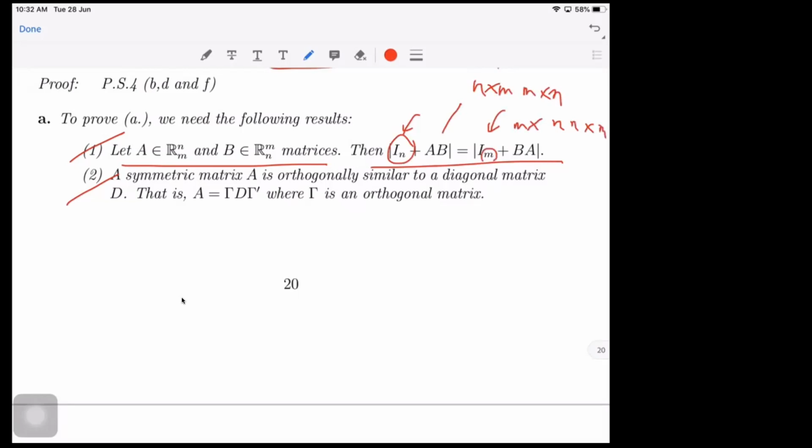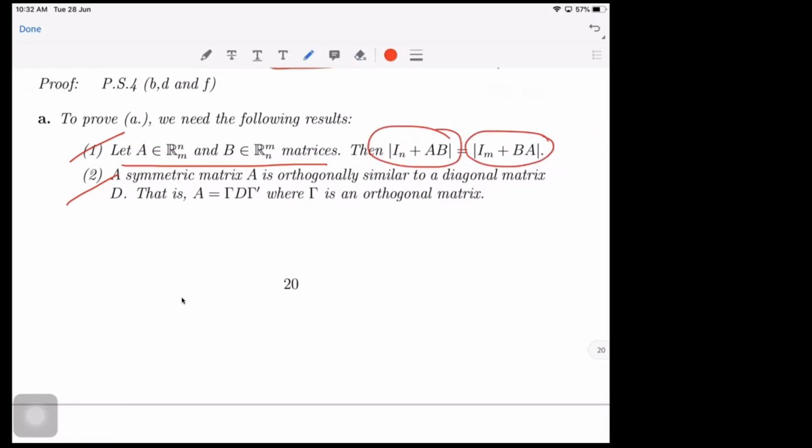Because the dimension of AB may not be equal to the dimension of BA unless both have the same dimension. So according to this result, the determinant of this is equal to the determinant of that.